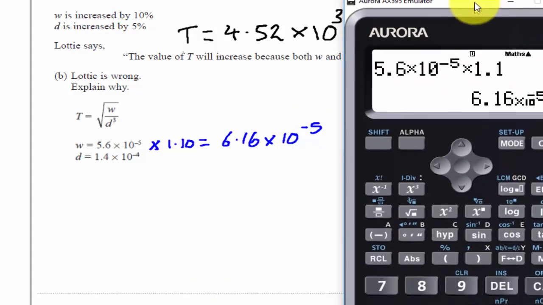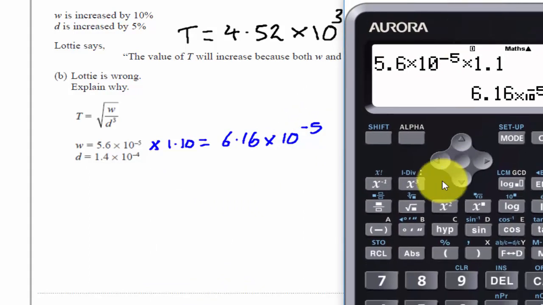D is increased by 5%. So to increase by 5%, I need to times by 1.05.